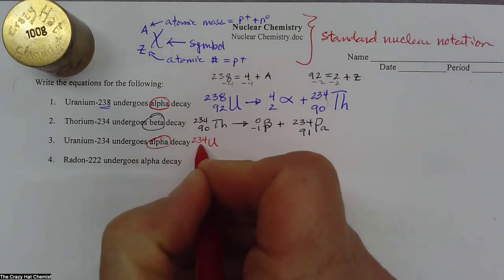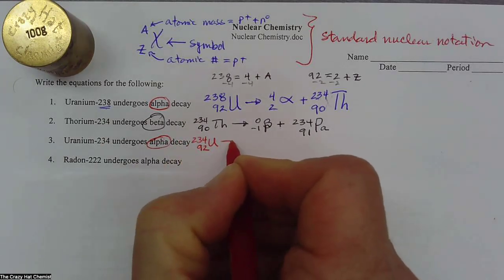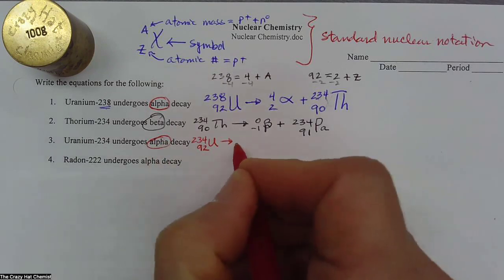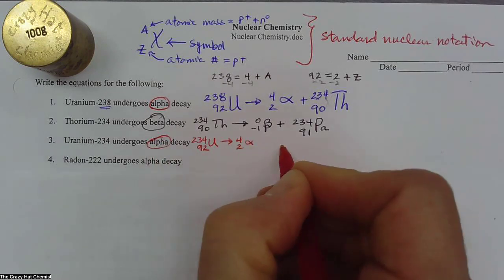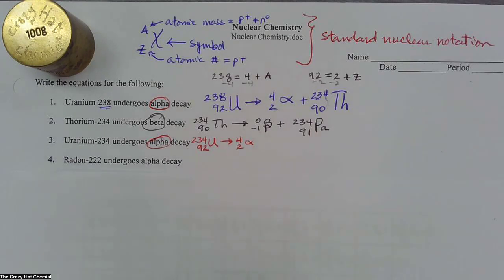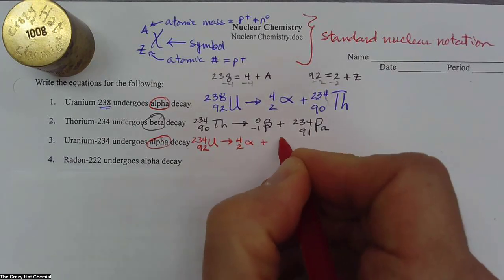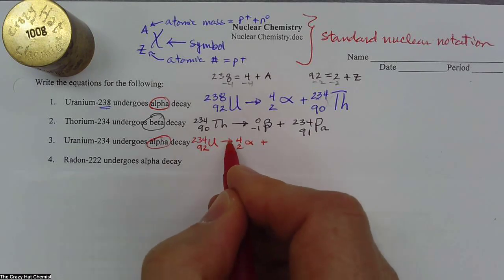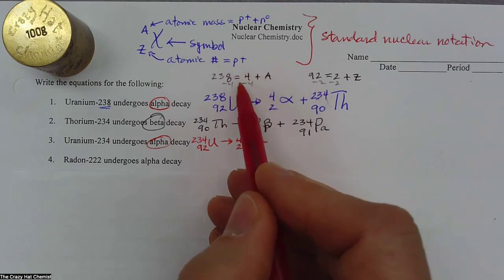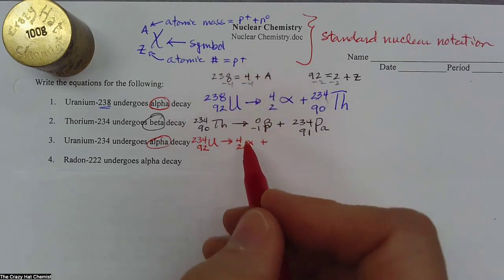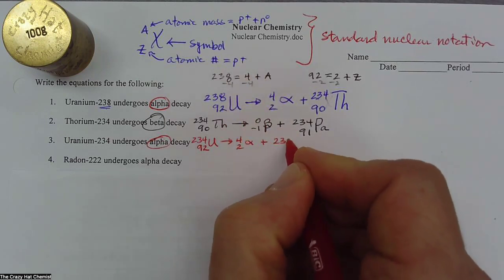So that is element number 92. And it says it undergoes alpha decay, so you have to know 4 and 2 and the little fish swimming horizontally to the left, plus the A. So that's 234 is equal to 4 plus A. I'm going to solve for A, just like what we did right over here. I'm going to subtract 4 on both sides, so that's going to be 230.